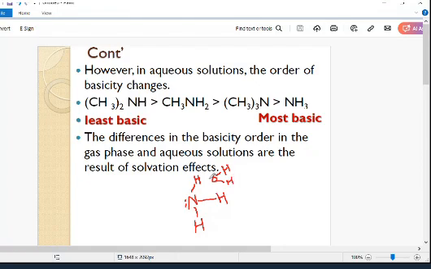It attracts water, forming what we call hydrogen bonds. So this one is in hydrogen bonds. The other one here, let me just do it properly.